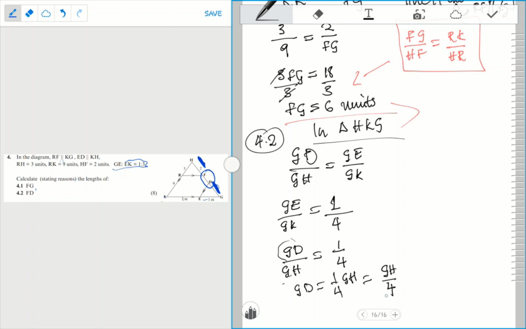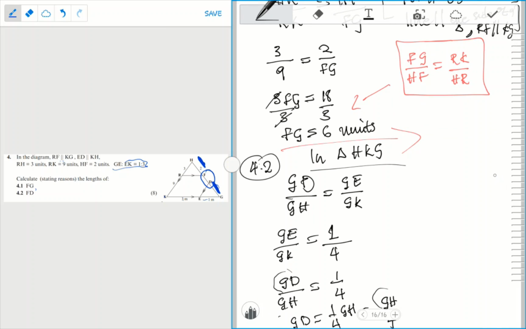Okay, GH. Then now this is our GT, and then we have our GH. Let me just write that here on this little space, because I'm already done with this example. We have GD is equals to 1 over 4 GH.